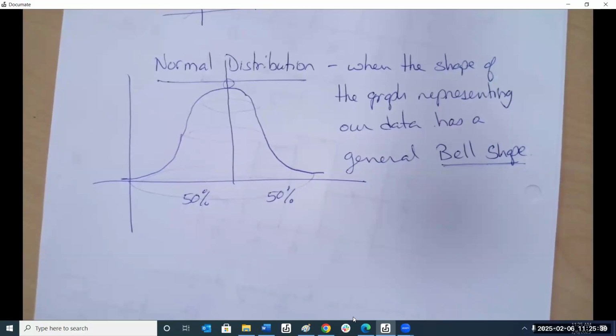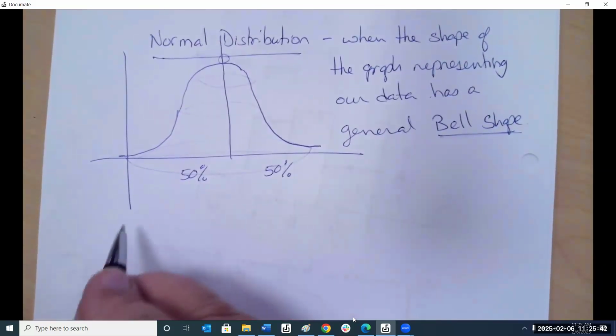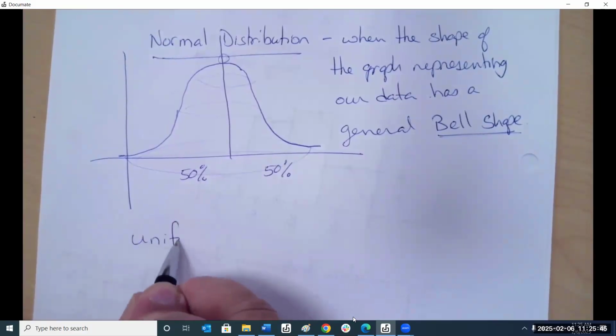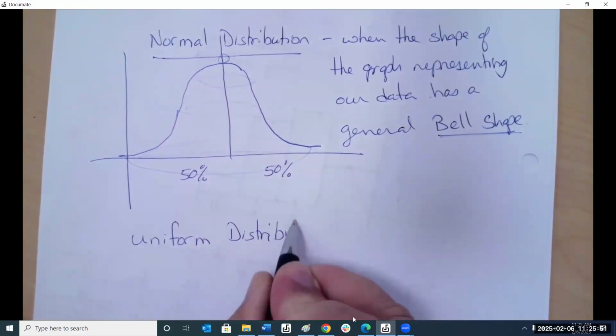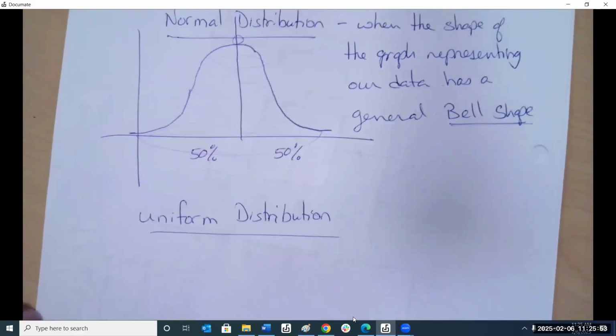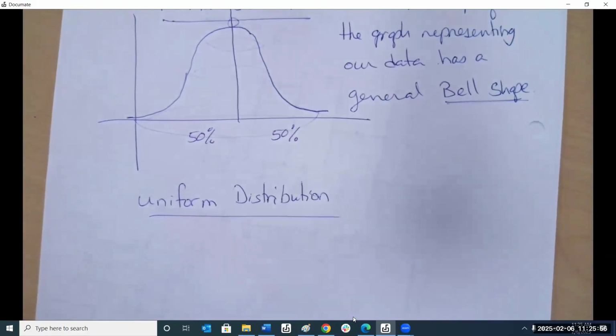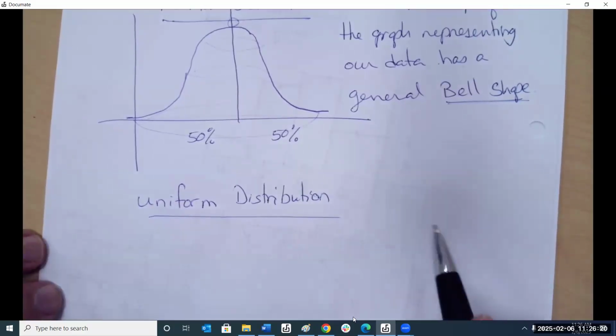Because now what can happen? We can look at being uniformly distributed. What does uniform mean? In a histogram, the heights of the bars are relatively uniform in size. So in other words, your data could look like this.